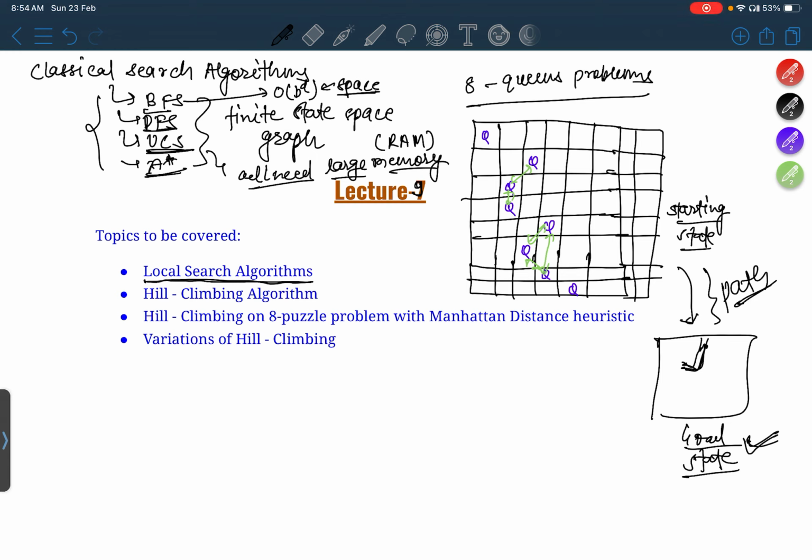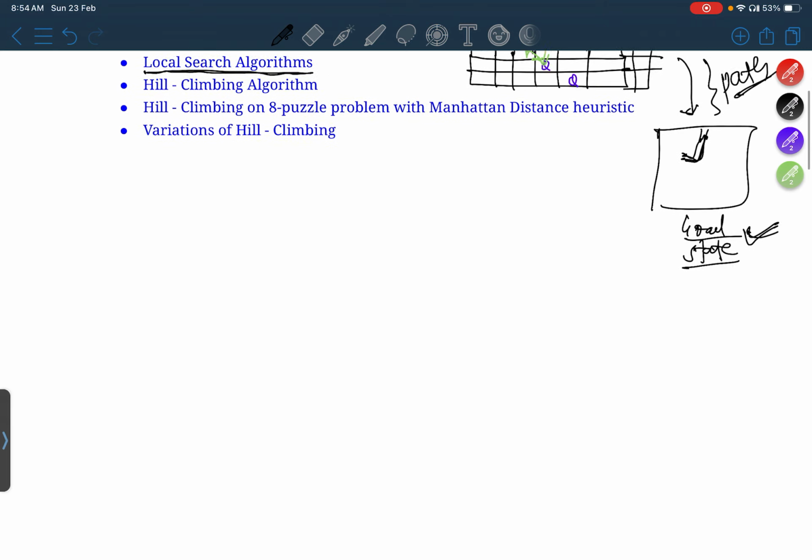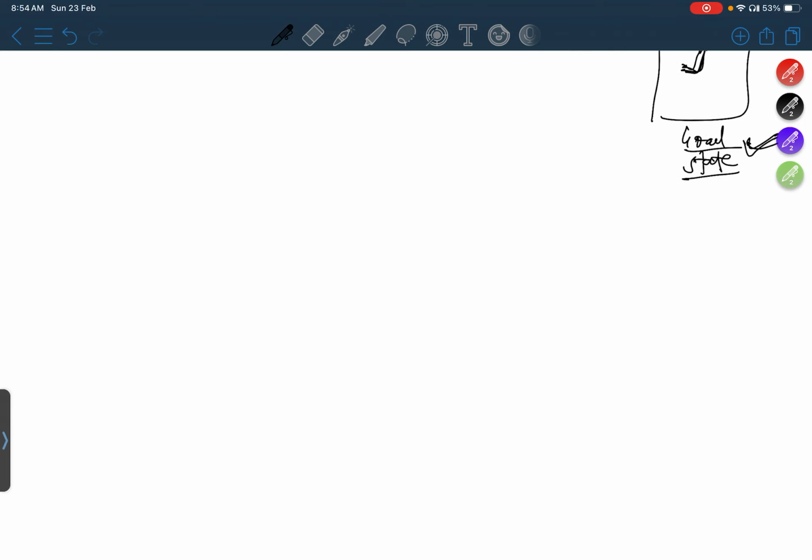So to avoid or solve these kinds of issues, where we have a state space which is infinite or too large to fit onto our system, we have these local search algorithms, which work in a rather different manner. So how do local search algorithms work?